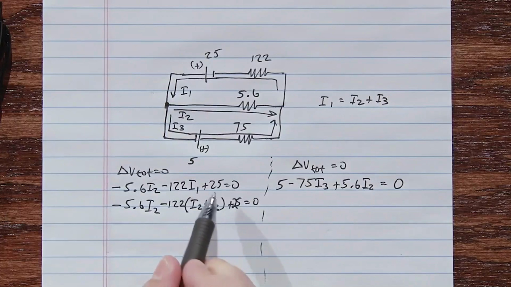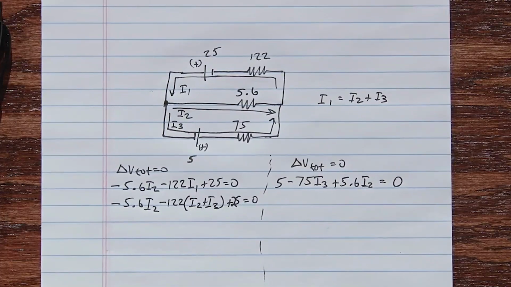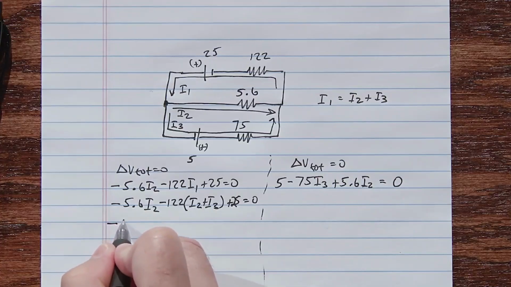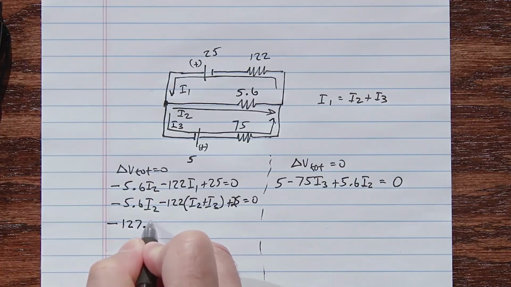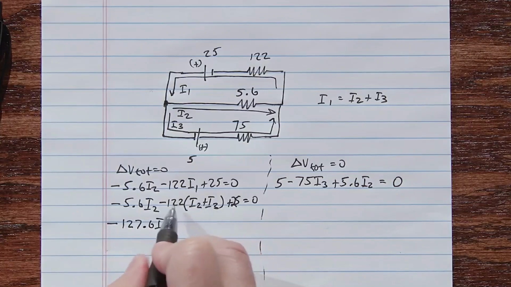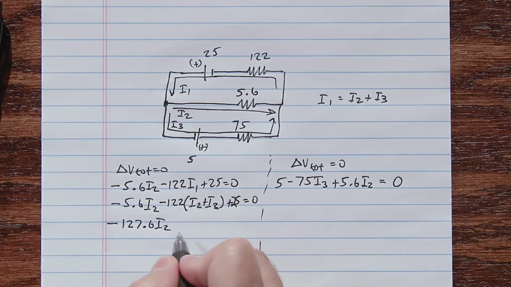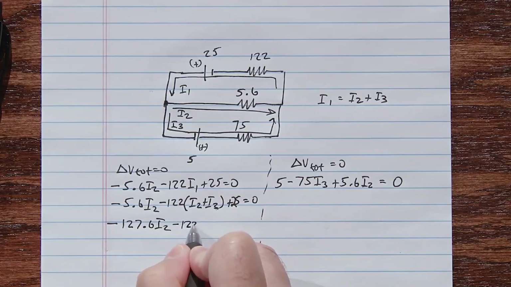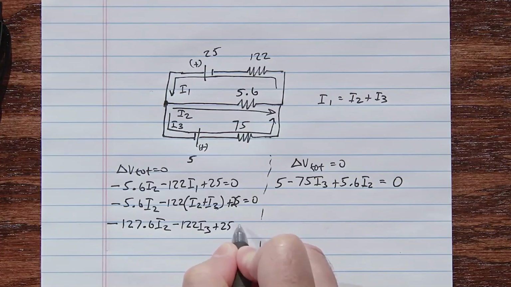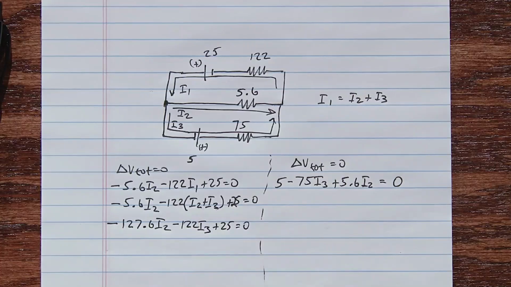That's a 25 right here, same as that one. So now I have minus 5.6 I2, and then another negative 122 I2s, so that would be negative 127.6 I2 in total, minus 122 I3, plus 25 is equal to 0.